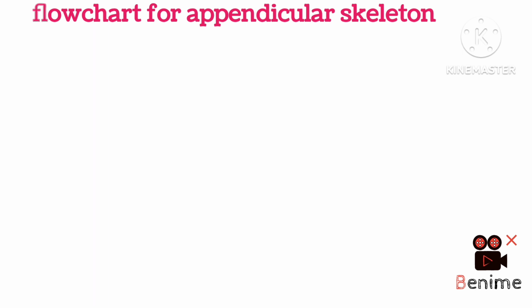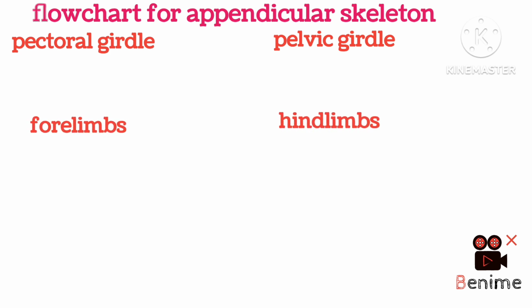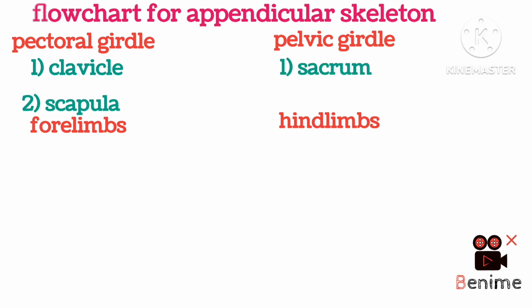Flowchart for appendicular skeleton. It consists of pectoral girdle, pelvic girdle, forelimbs, hind limbs. Pectoral girdle consists of clavicle and scapula. Pelvic girdle consists of ilium, ischium and pubis.